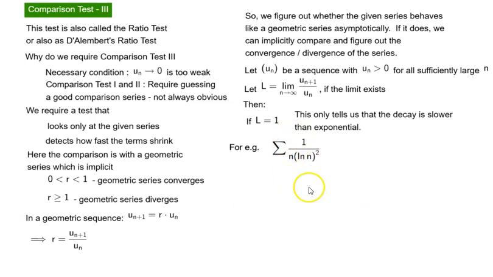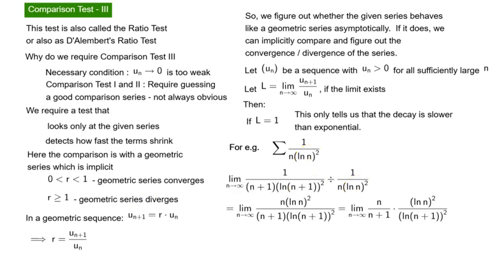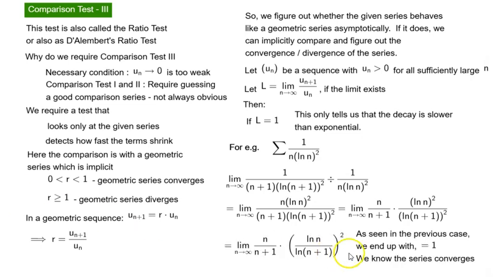Again, if we look at the series 1 by n times the square of natural log of n, if we take the limit, we again get 1. And we know the series converges.